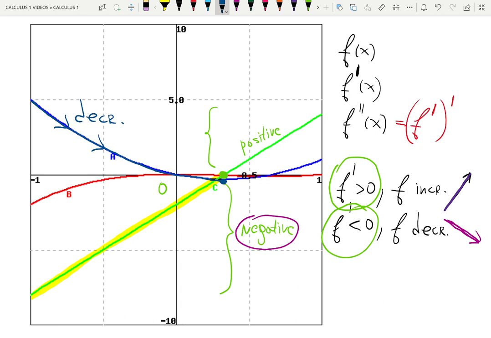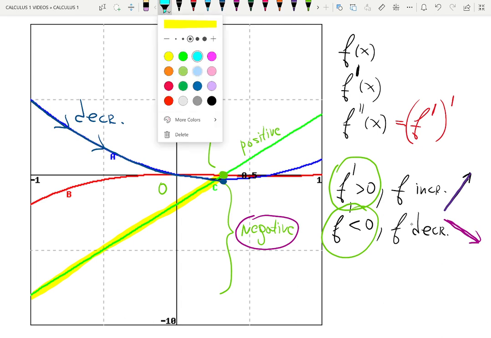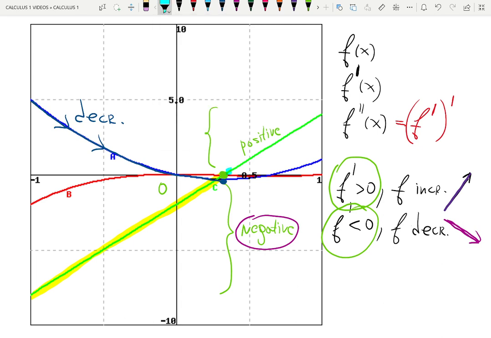And then the hike changes. After this point, the line is positive because it's now above the x-axis, and this blue curve increases. Let me write this down. It's increasing because now you're hiking up.